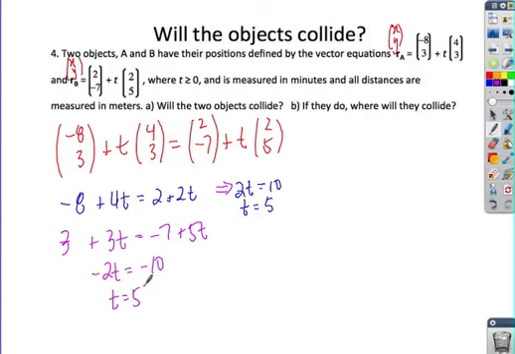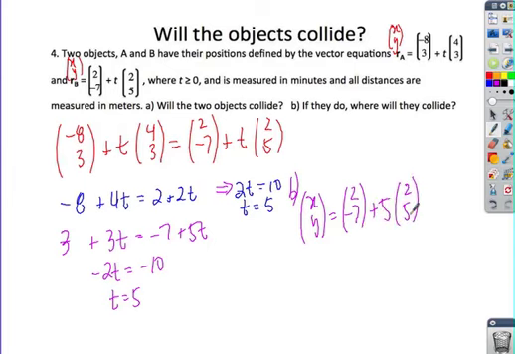Now if we want to find the location that they'll collide, this is part B if you want, in here. We can say xy has to be, and again we can use either equation, (2, -7) plus 5 times the vector (2, 5).